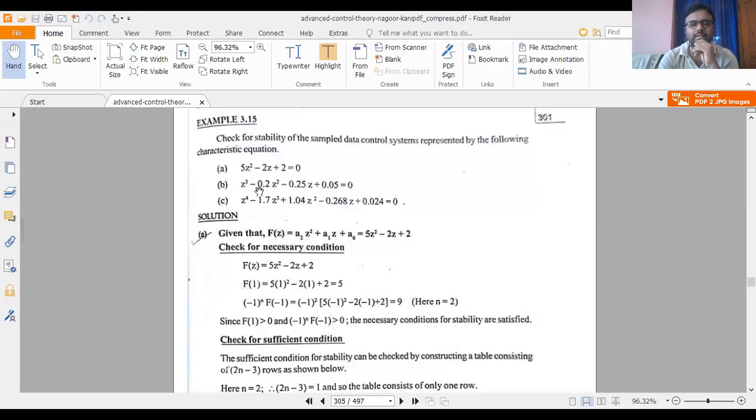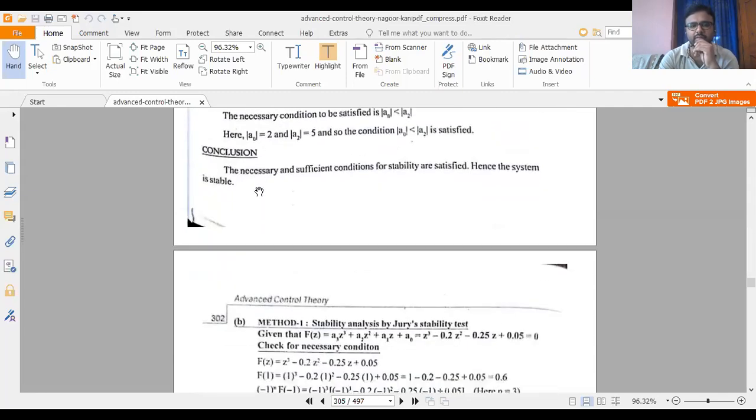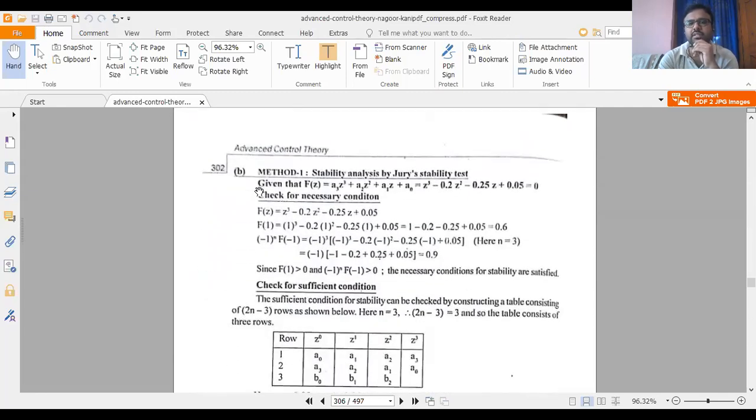In this second characteristic equation, the order of the equation is 3. That means odd order equation.